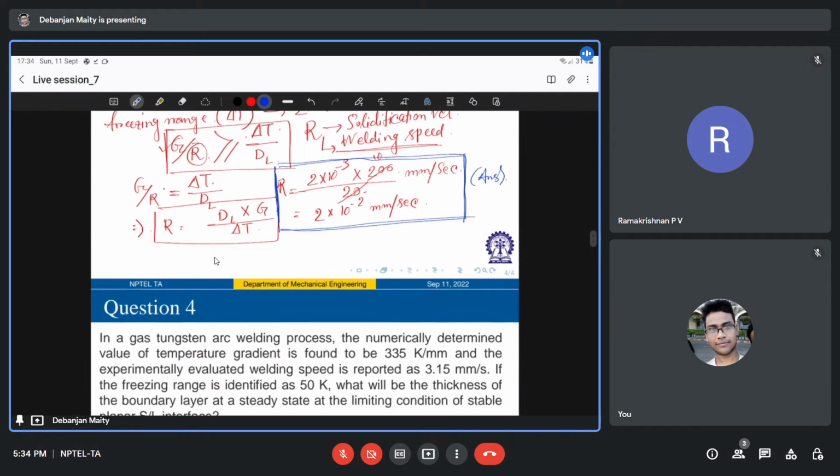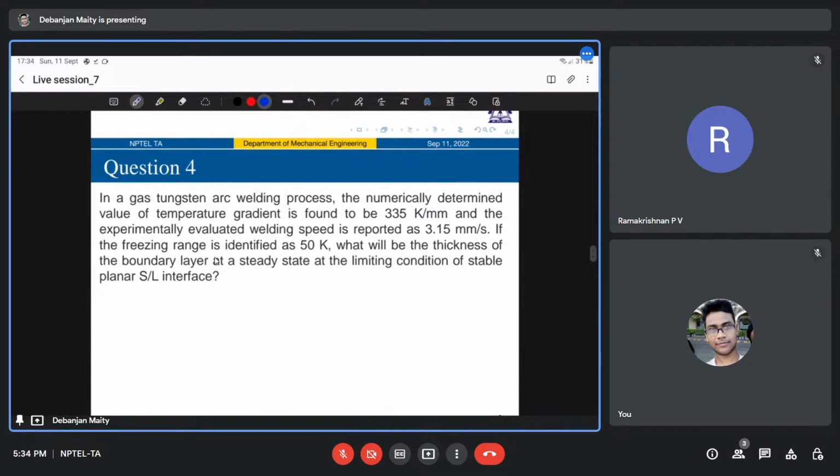So in the next question, it says that in a gas tungsten arc welding process, the numerically determined value of temperature gradient is found to be 335 Kelvin per mm, and your experimentally evaluated welding speed is reported as 3.15 mm per second, and freezing range again is given, which is 50 Kelvin here.